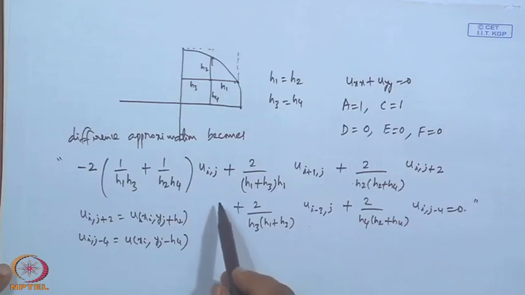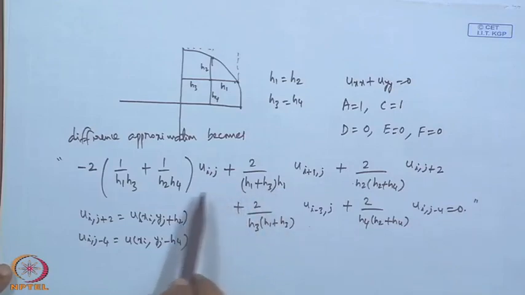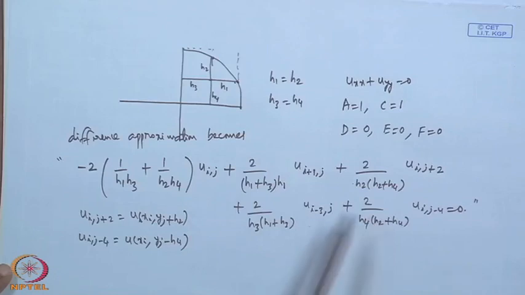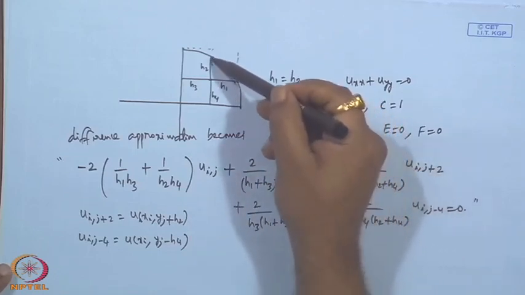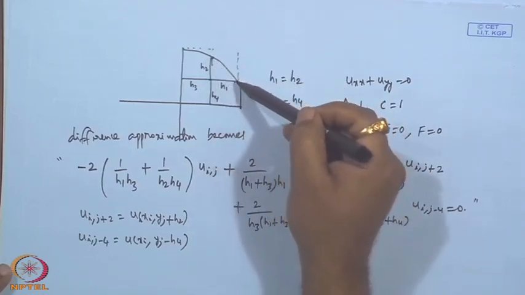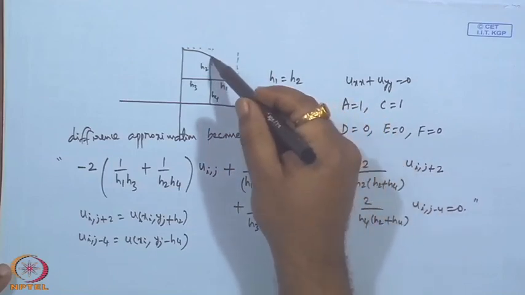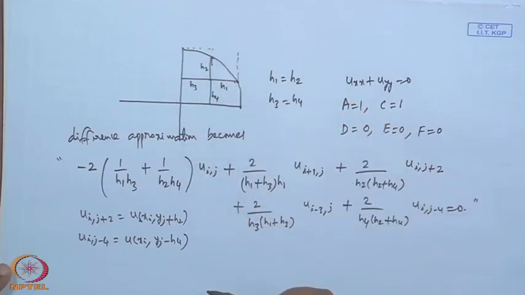So, this appears definitely interesting, however, we have to pay special attention, because these are not coinciding with grid points, right. So, we will attempt this when we are solving a specific problem. Okay. So, this is a scenario when your nodal points and boundary points are not coinciding. When we solve specific problems, we will see how to handle it. Okay. Until then, bye.